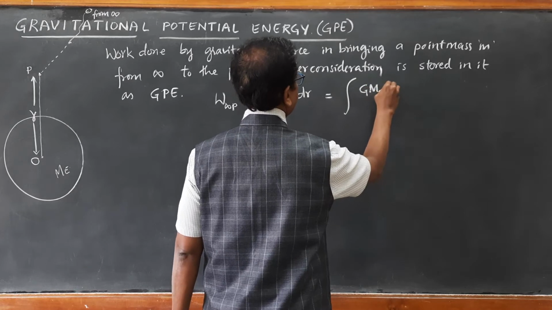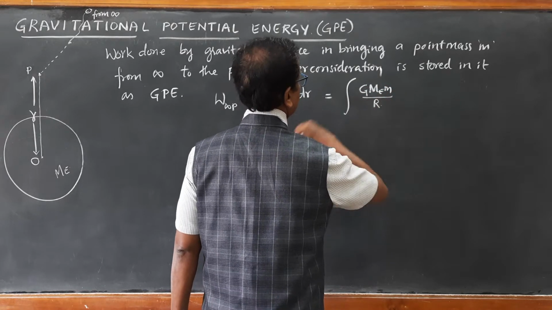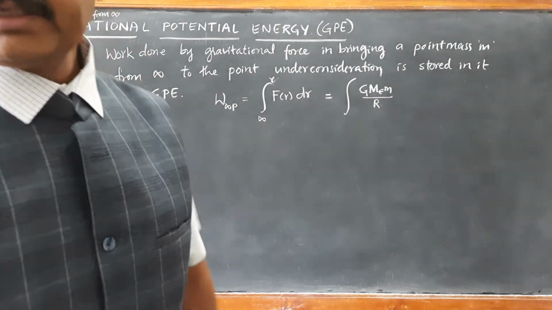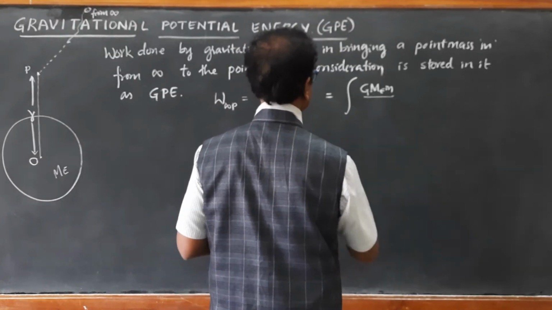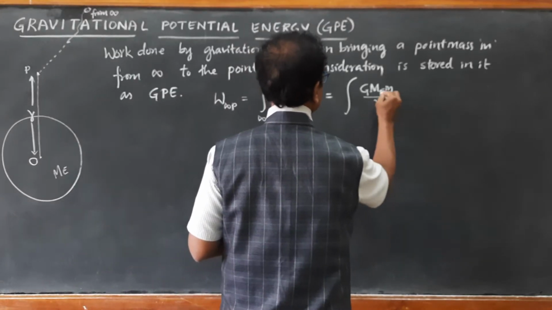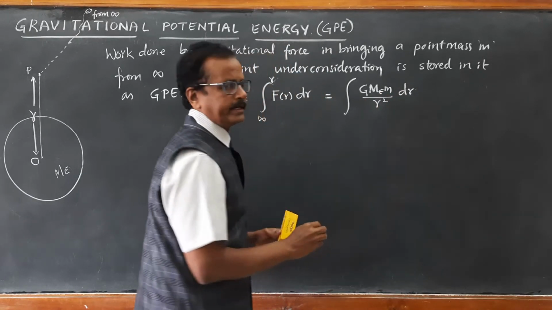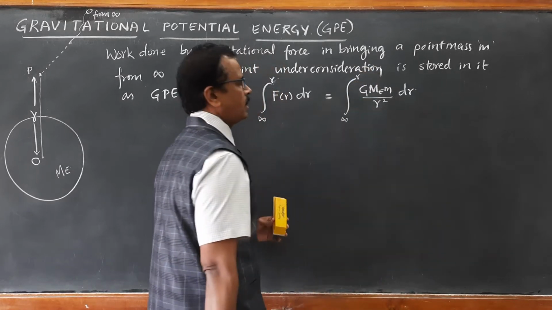The variable force we denote as G M_E m upon r squared. Yesterday we took small r only, so let us take small r squared into dr. This we have calculated already from infinity to the point of consideration r.